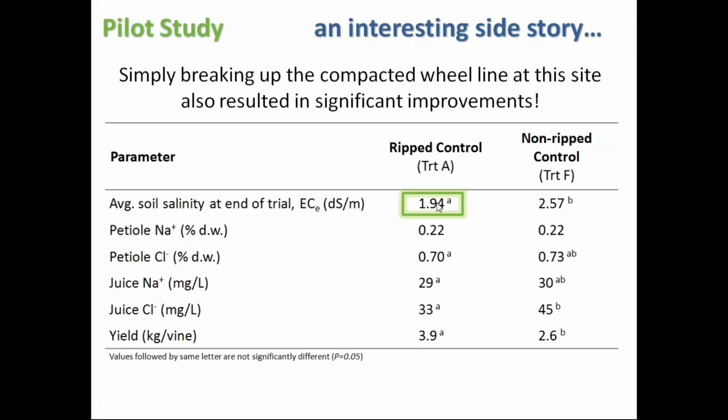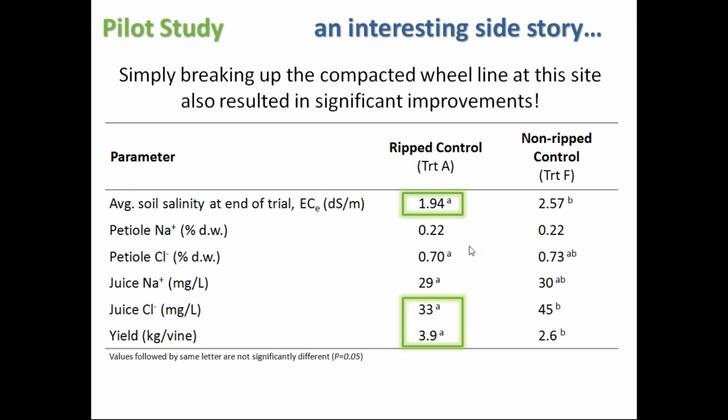But that also, so there's the difference. The average soil salinity was below 2 decisiemens for the ripped control as compared to more than 2.5 for the non-ripped control. And that translated to lower chlorides in the juice. We also saw that higher yield in the ripped control area.